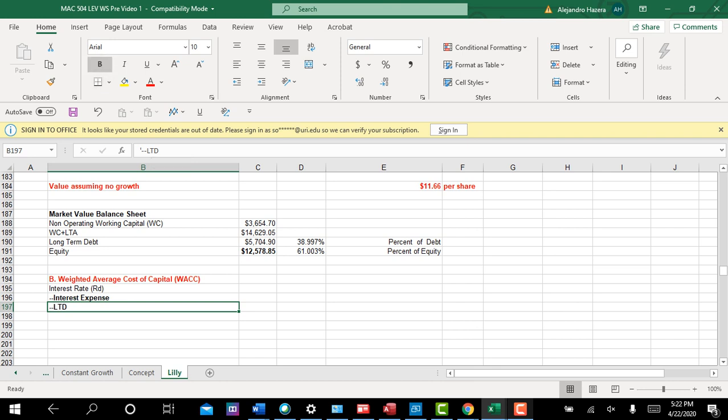Now, when I say long-term debt, I'm not just saying I'm going to divide it by just long-term debt, but any long-term debt on the balance sheet. So if I had leases, if I had pensions, I would use that for long-term debt.